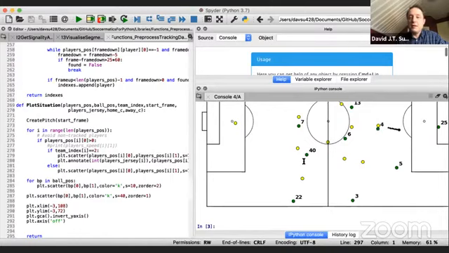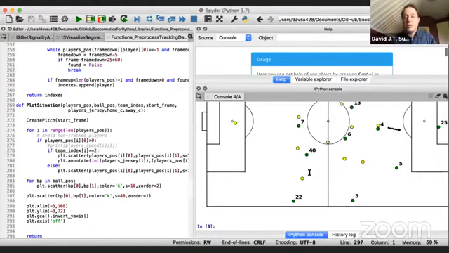The green dots are the Hammarby players, the yellow dots are the opposition players, Elfsborg, and the small dotted line is the ball position over 10 frames. The big dot is where the ball actually is at that particular frame, giving an idea of the trajectory of the ball.